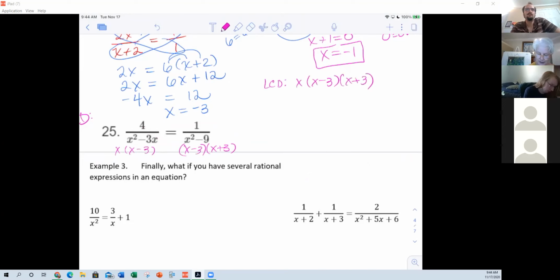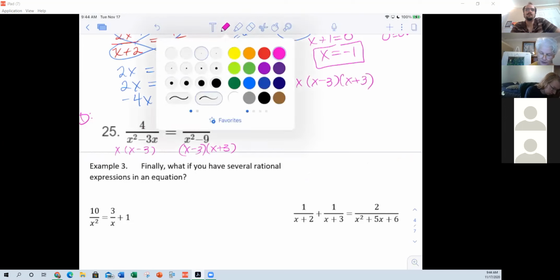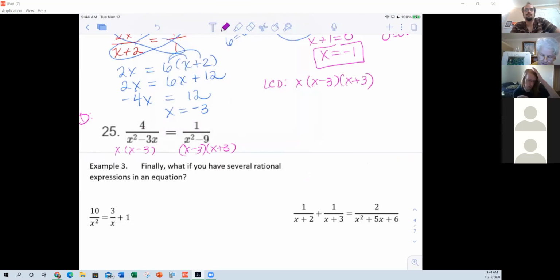So this one is missing the x plus 3, so I'd have to multiply the numerator and the denominator by the x plus 3. And this one is missing the x, so I'd have to multiply the numerator and the denominator by x. So that would give me 4x plus 12.